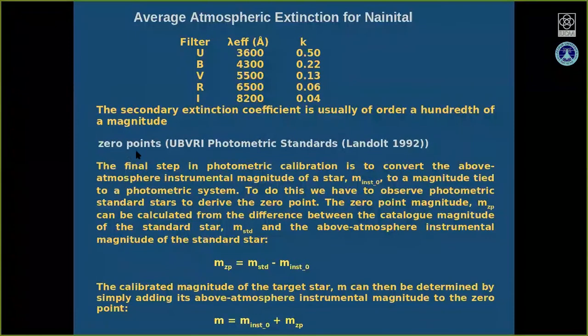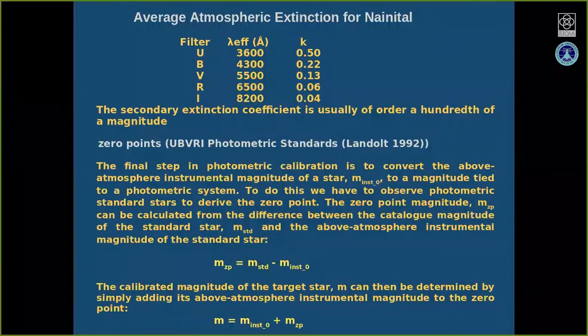Now let us talk about the zero point. Suppose now you have observed a particular star and you have corrected for atmospheric extinction. After correction of the atmospheric extinction, that magnitude should be equal to the magnitude of that particular star above the Earth's atmosphere, if it is 100% correct, right?